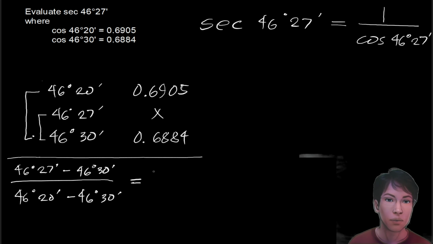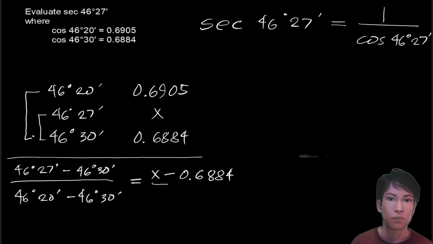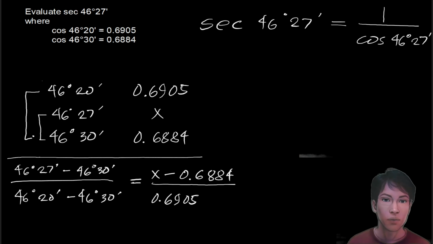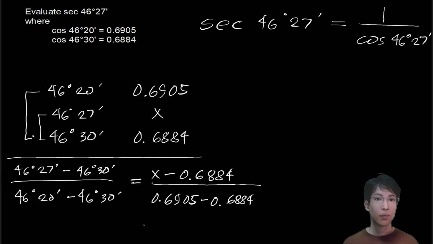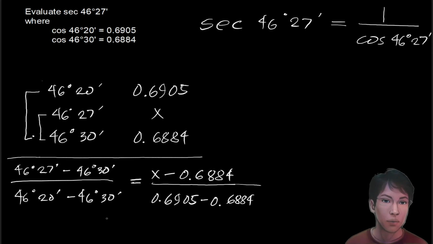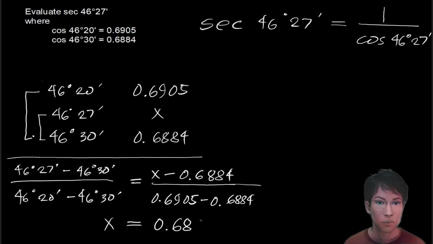Then this is equivalent to x minus 0.6884 over 0.6905 minus 0.6884. And solving for x gives you 0.68903.